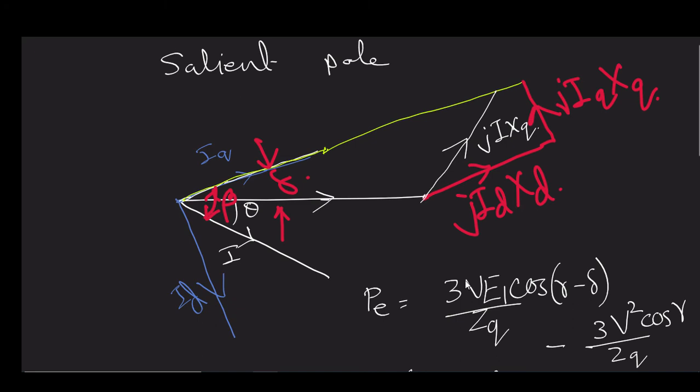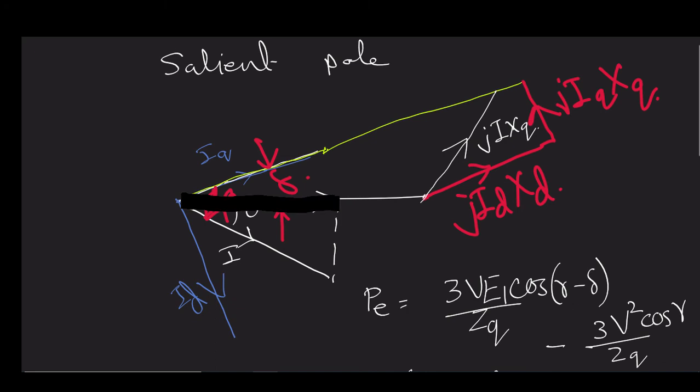I cos theta is the projection on this. This is our line of I cos theta.